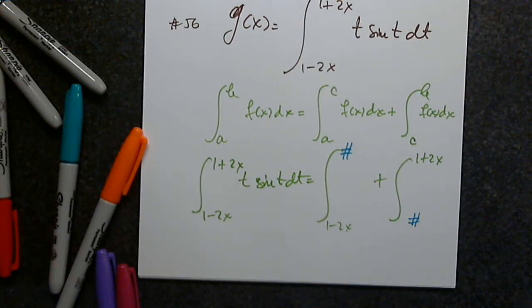If you want to put 0, put 0. If you want to put 1, put 1. If you want to put C, put C. If you want to put M, put M. It doesn't matter. So I broke up the integral into a sum of two integrals. From the lower limit, which is 1 minus 2x, to whatever, and from that whatever to 1 plus 2x.